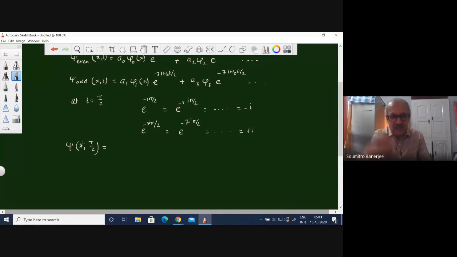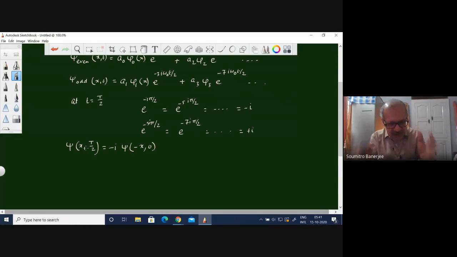So if you just work it out, you will find that this is the same as psi minus x 0, only there would be a factor minus i up front, which does not really matter because you are using mod psi square. So this implies that whatever the wave function was at minus x at time 0, it will be the same at time t by 2 at plus x.